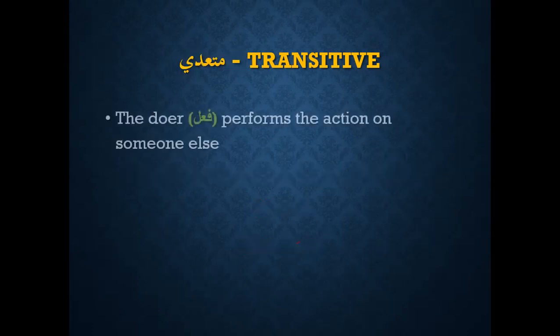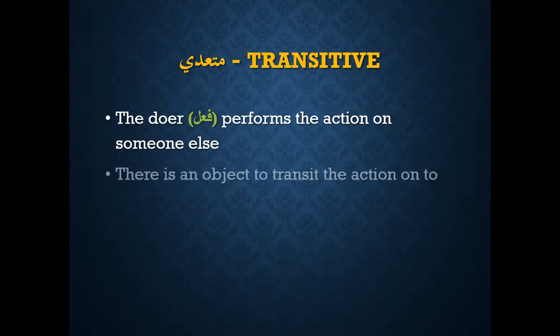While متعدي is when the action is performed on something or someone else. There is an object to transit the action onto. There has to be an object. Ra'a Yusufu Asadan. Yusuf saw. Can you see without there being something that you have to see?